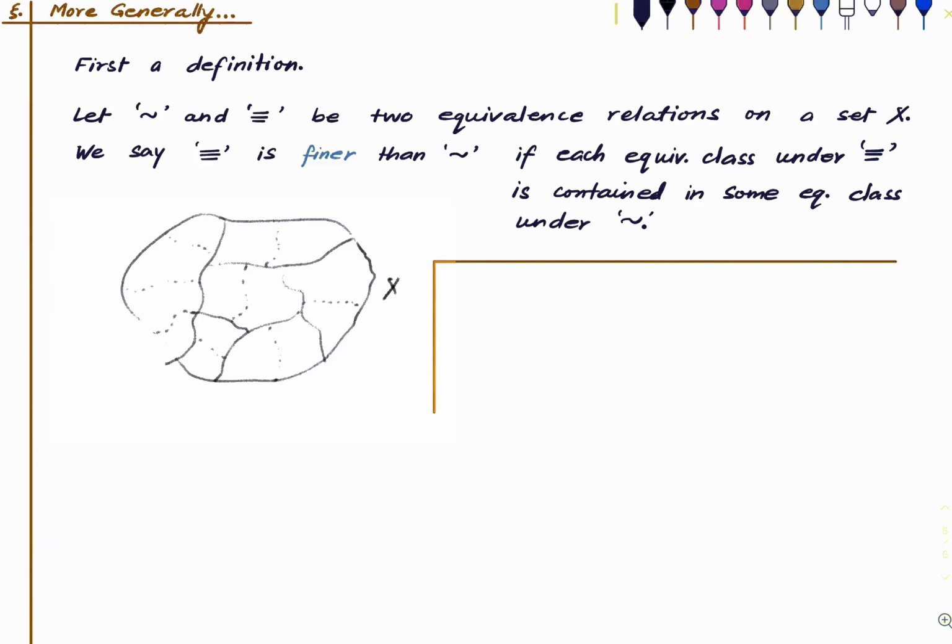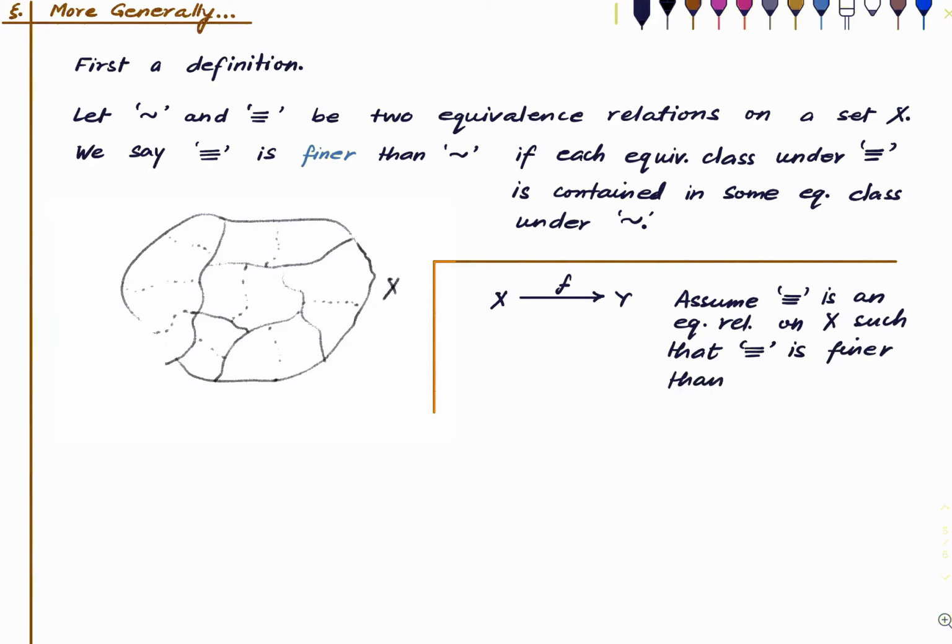So let's say again we have some function F from X to Y. And suppose we have a relation, congruent, an equivalence relation on X such that this is finer than the fiber relation on X, the fiber relation induced by F, of course.